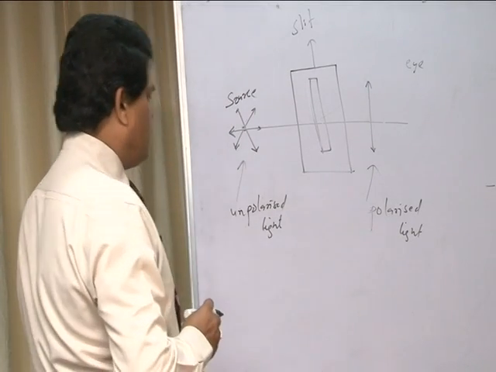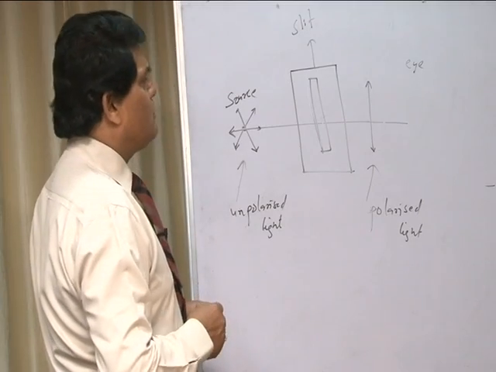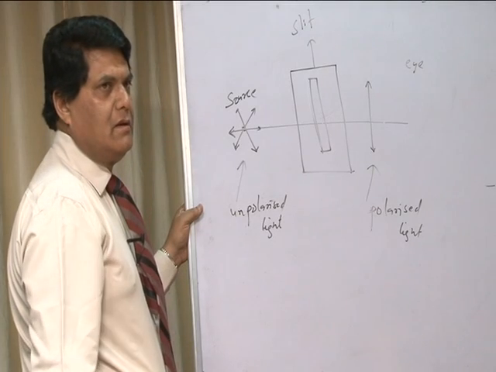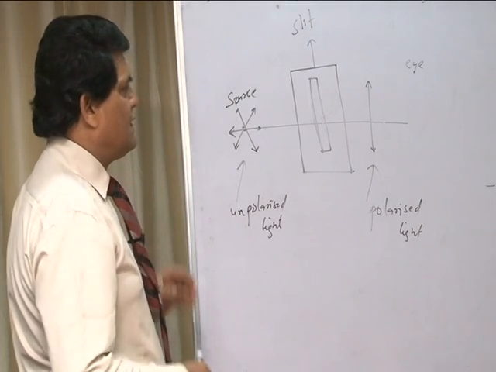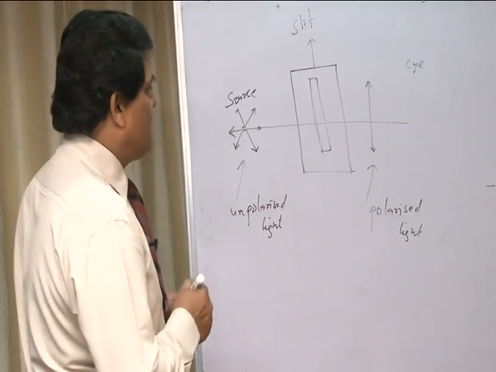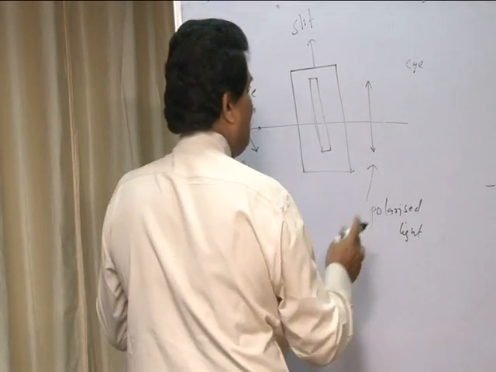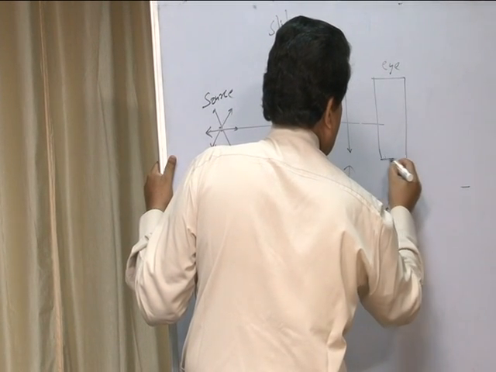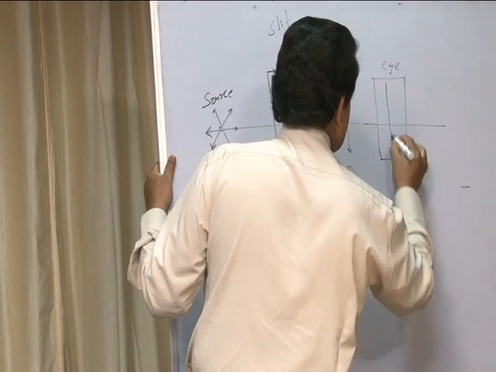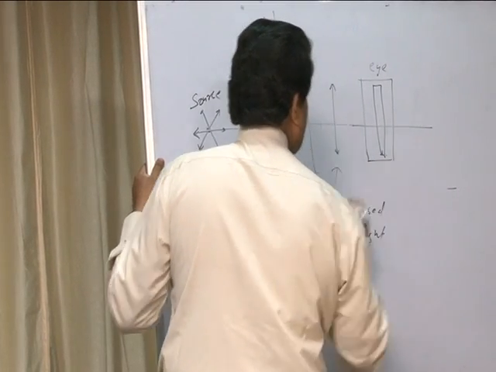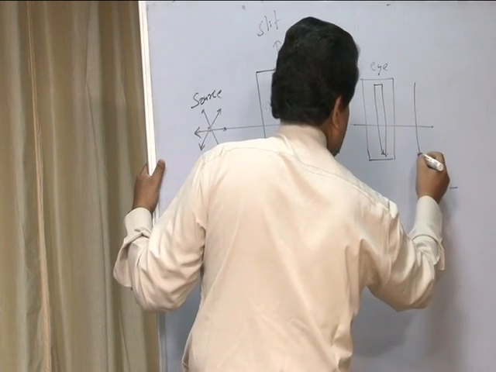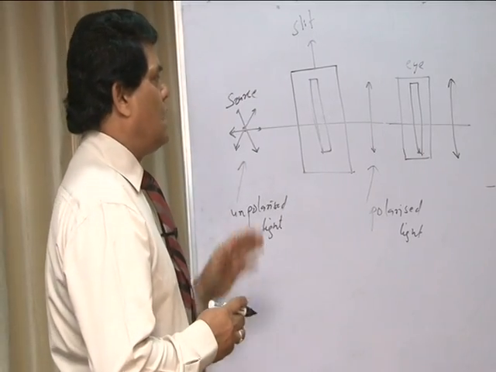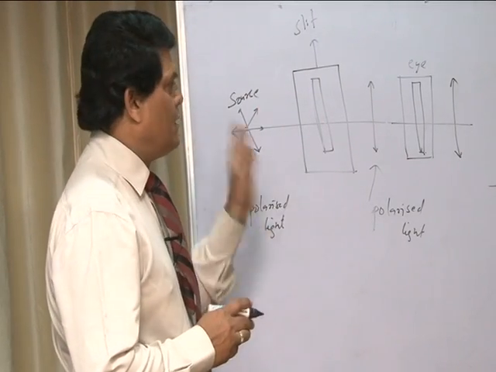Next, let us check whether this light is really polarized or not. What check can you do? Place one more similar slit in this way. Then if you can see the light on the other side, this shows that the light is vertically polarized.